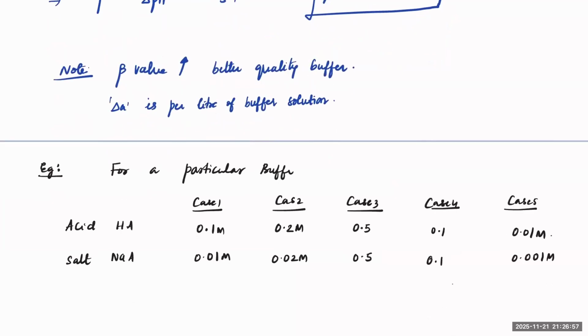So suppose you are adding 20 millimoles of HCl to 200 ml of buffer solution. In that case, you have to scale it to 1000 ml. Understood? For 200 ml it is 20 millimoles, so for 1000 ml, how much acid would you have to add? Like that, you have to scale it and accordingly calculate the beta value.